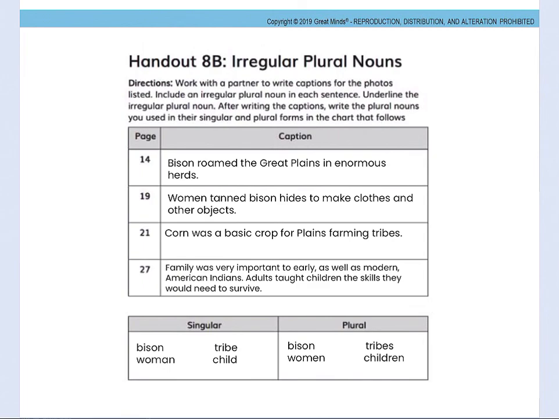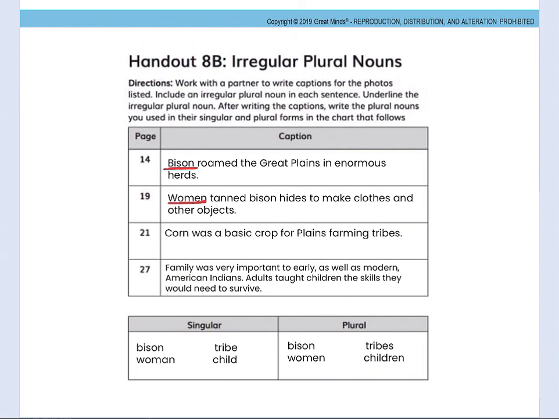So in our first caption, bison roamed the Great Plains in enormous herds, our irregular plural noun will be bison. Underline bison. Our next caption is women tanned bison hides to make clothes and other objects. What is our irregular plural noun on this caption? Yes, it's women. So we're going to underline that.